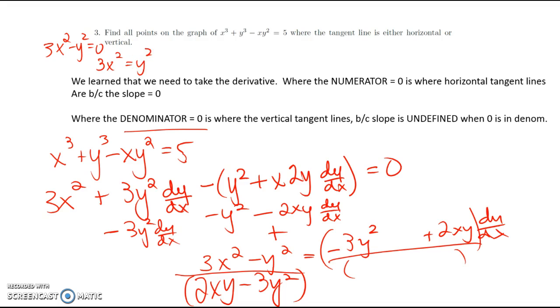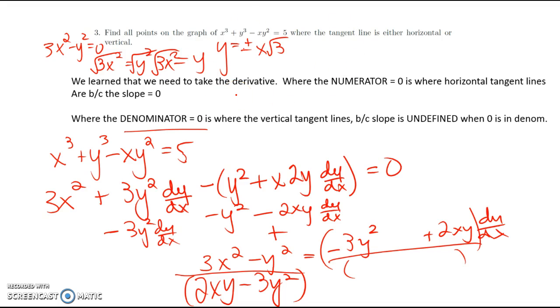And we're going to solve for y. If I take the square root of both sides, y equals plus or minus x times the square root of 3. All right? Well, we have a relationship there.